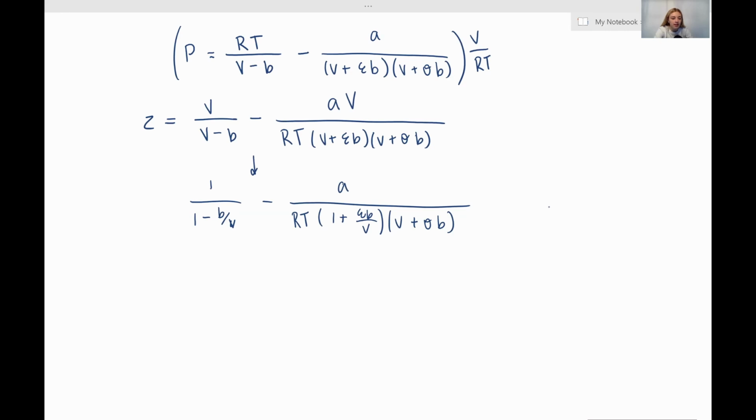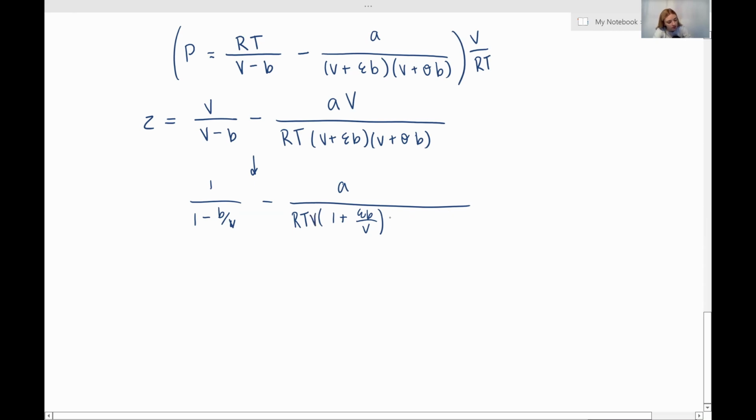I'm going to factor out this V so that we have all V's in our denominators. So we'll have 1 plus sigma b over V.